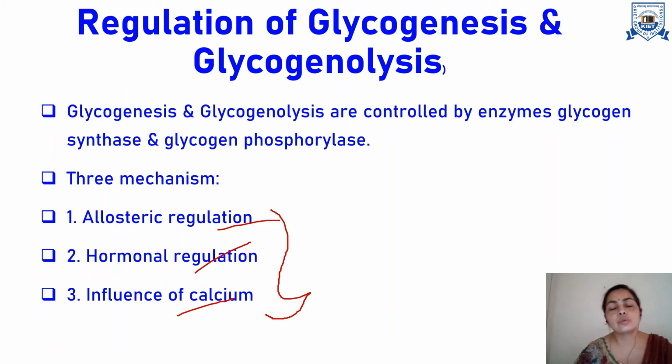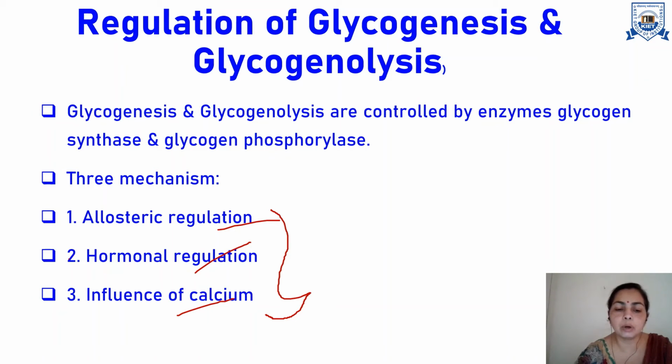Now, in the case of allosteric regulation, the regulation is based on the availability of certain substrates. When the raw material required for synthesis of glycogen is available, glycogenesis will be initiated. Once those are consumed, it will automatically stop. In this way the allosteric regulation acts. In the case of hormonal regulation, certain hormones are responsible for controlling these enzymes, like epinephrine and glucagon.